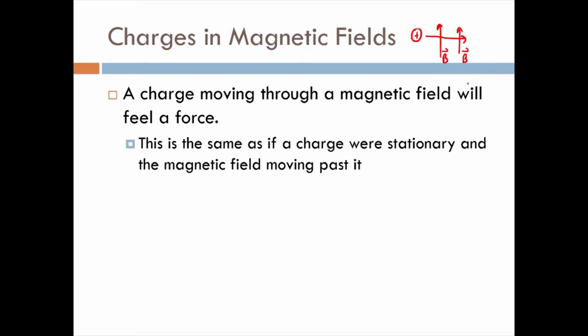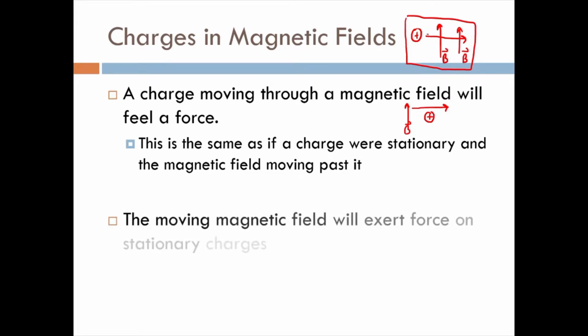Now, because of relativity, we can actually consider, what if the charged particle is the thing that is stationary, and we have a magnetic field that is moving past the charged particle? Well, this is kind of the same thing as the case presented up here, and both cases result in the charged particle being pushed by a magnetic force.